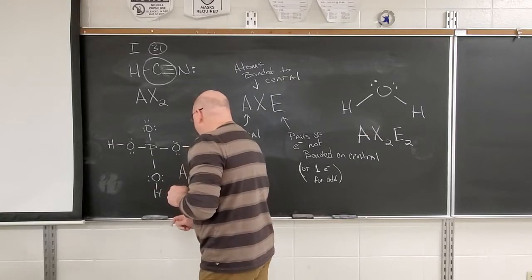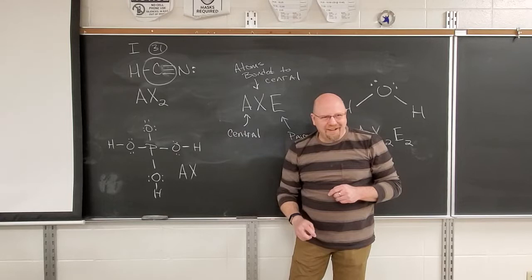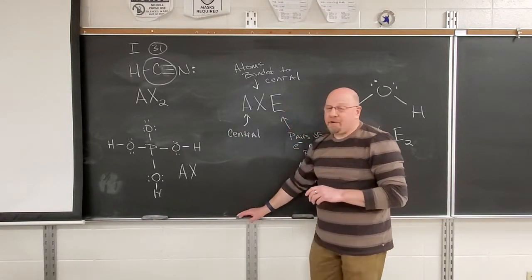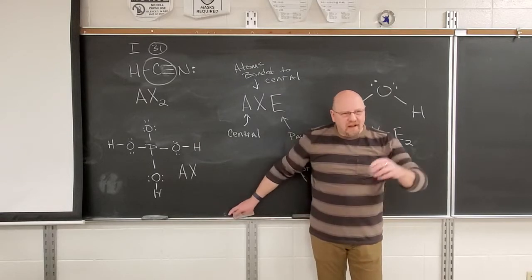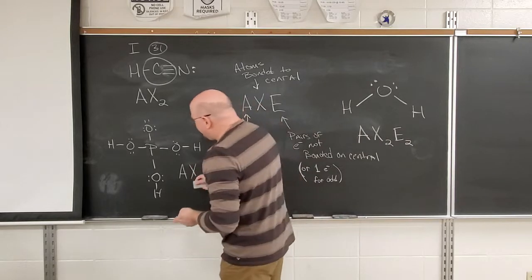Brandon, can you tell me what the VSEPR notation is going to be? Actually, you know what? This one would have several. Good choice. I get to teach you some stuff, okay?